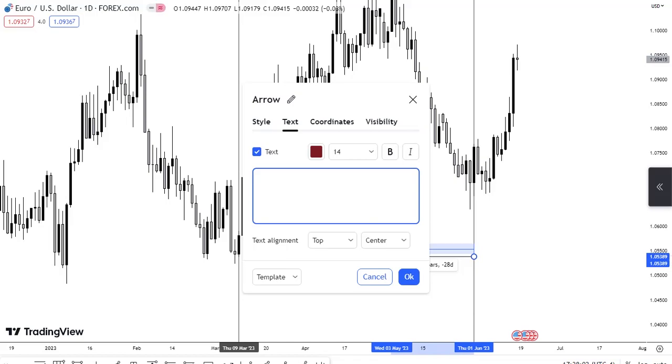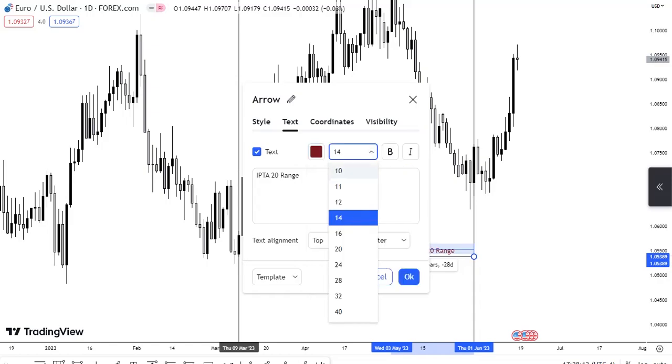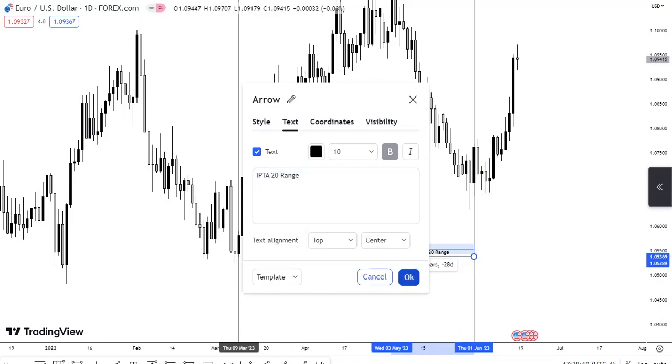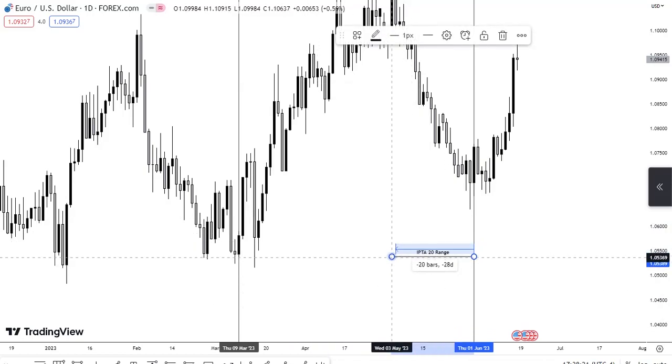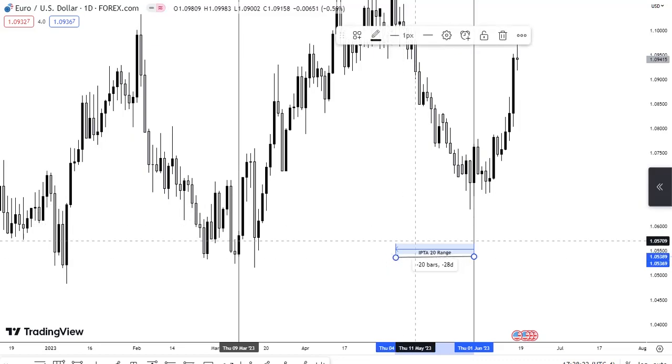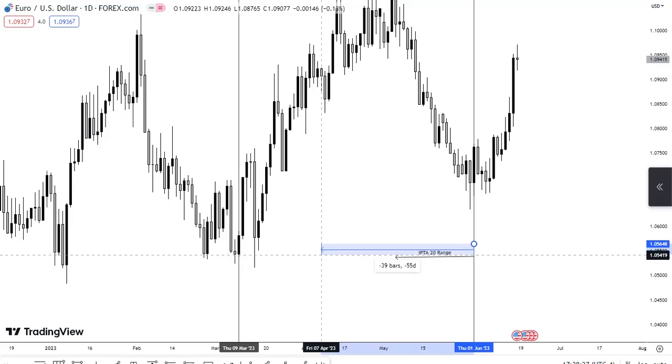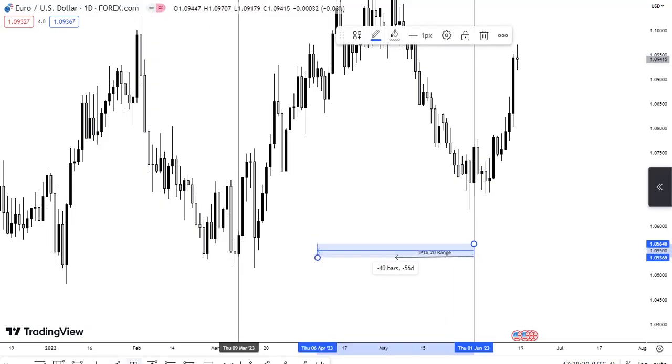I'm not gonna post anything just to make this all authentic. ICT 20-day range. Okay, let's put this like this. Okay, that's our first range. Put it right there. Our second range is the 40-day range, which is right here.